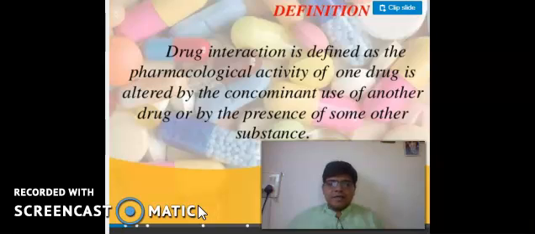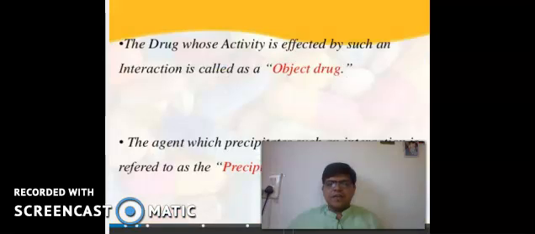So in that, one drug may alter the action or use of another drug, or it may be altered by the presence of some other substances. This is the definition of drug interaction.